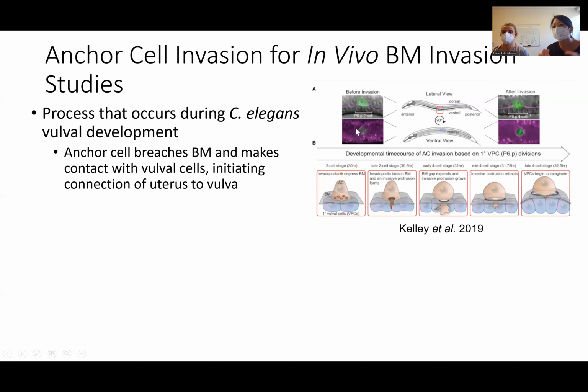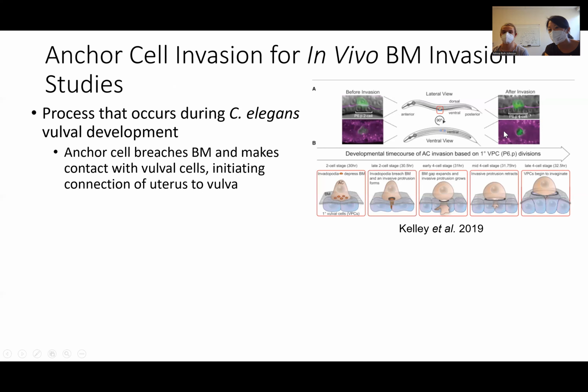And you can just see the hint of the anchor cell on the other side in green. And it's because the anchor cell hasn't yet breached through and poked a hole through that basement membrane. After invasion then, so we're now back at the side view, you can see that there's a break in that basement membrane because the anchor cell has formed a protrusion that has degraded that matrix to now interact with the cells below it.